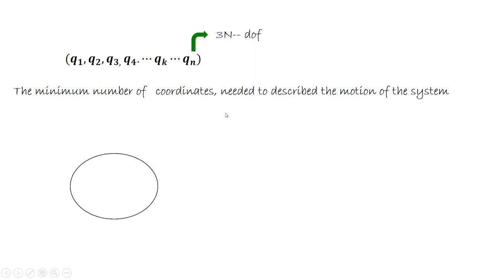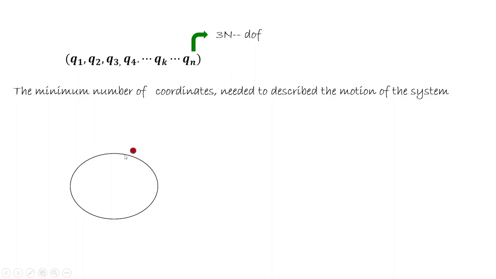First, for example, a particle constrained to move on the circumference of a circle only. This is the constraint. How many generalized coordinates are needed to describe this system?